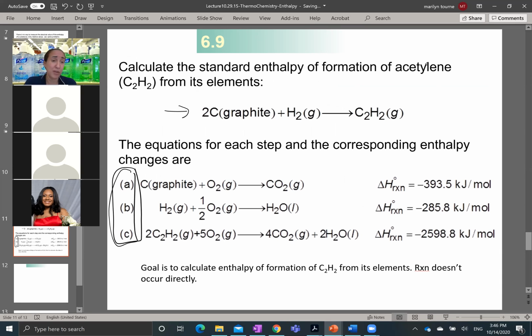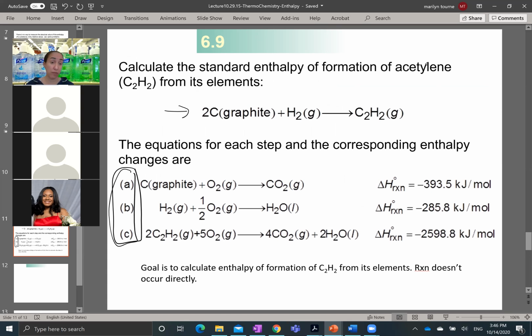And another good tip is that more than likely, you're not going to have certain enthalpies of formation values. You're not going to have it in your appendix that I'm going to give you.